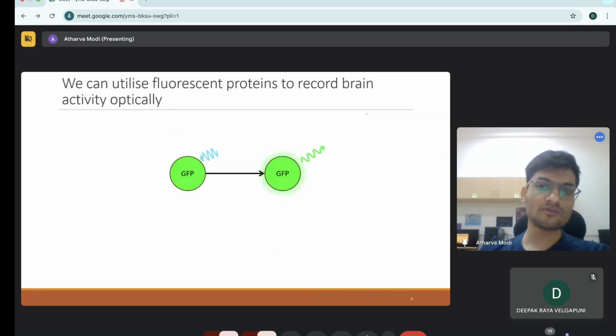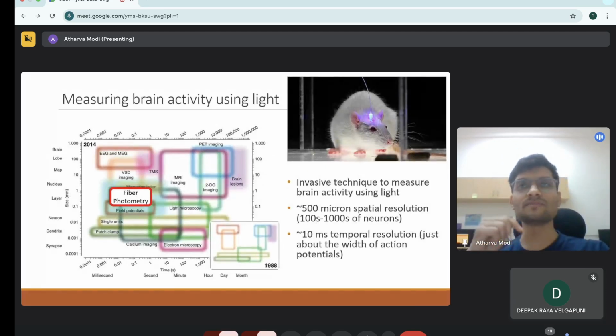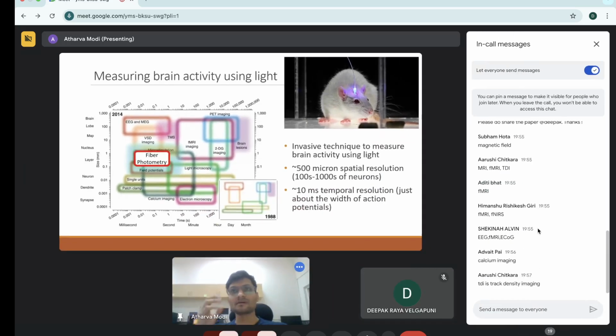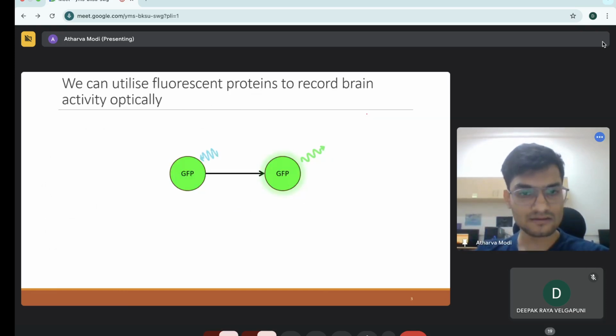So what do we need to record from the brain directly using light? Of course, we need a biosensor, right, which responds to light, and we get some output out of it which scales with our analyte. Analyte here is the thing that we want to measure. So we can use fluorescent proteins.